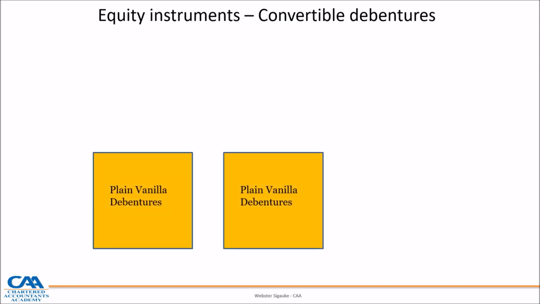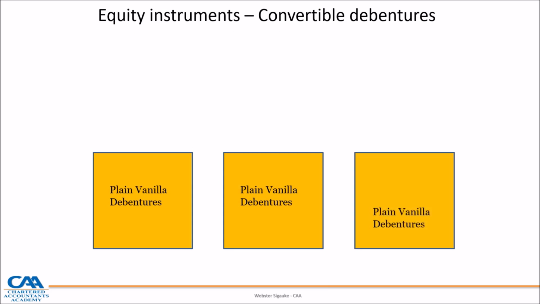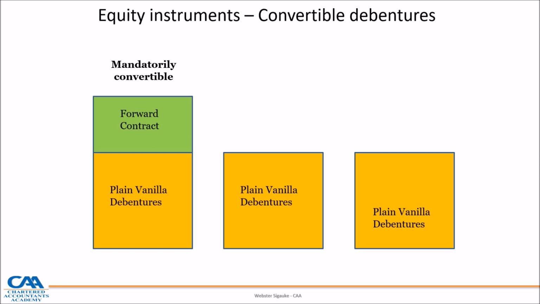So I want us to just look at convertible debentures, right? If they're mandatorily convertible, you're saying that at the end of the period you will have to convert your debentures into shares, right?